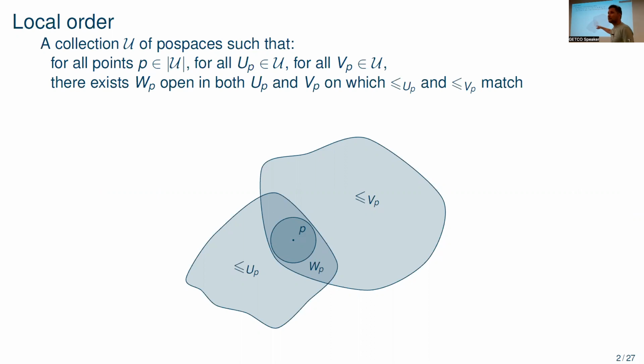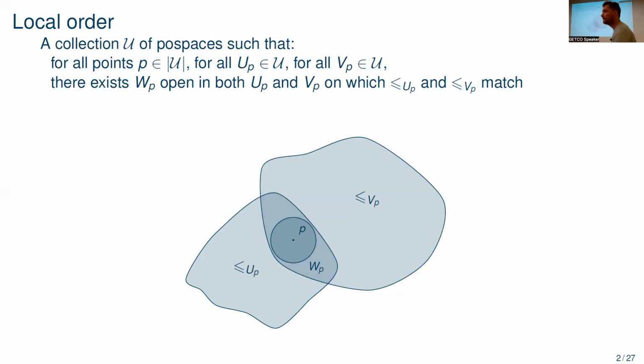Okay, you cannot require that they match on the whole intersection, but you are sure that you can find a neighborhood which is sufficiently small so that both coincide on this. And this is a big difference with usual manifolds, but it's very important, actually.